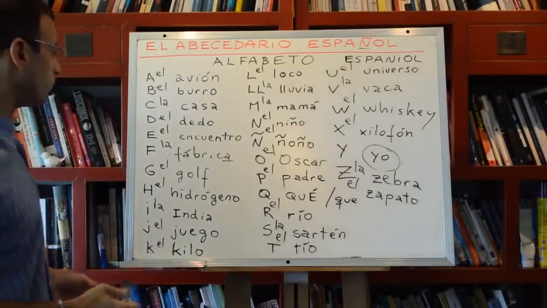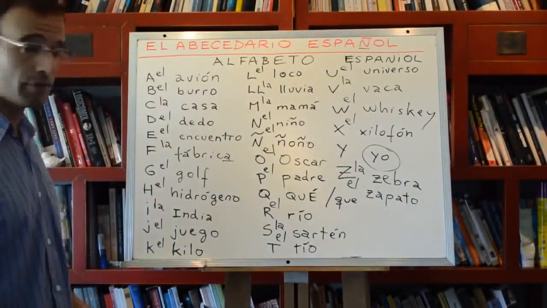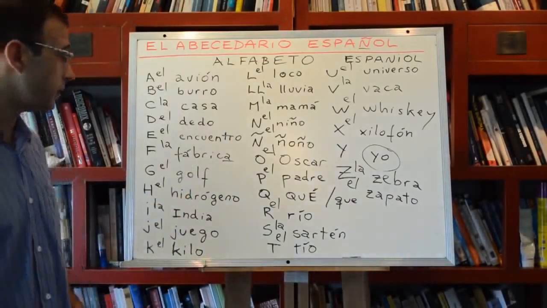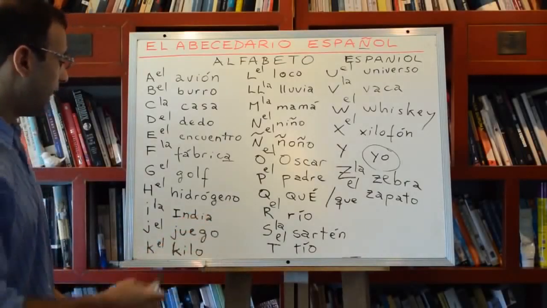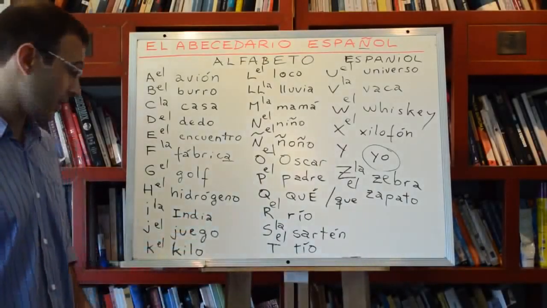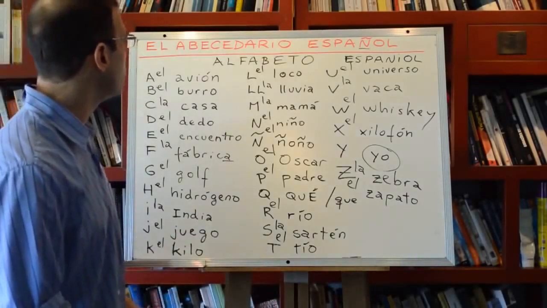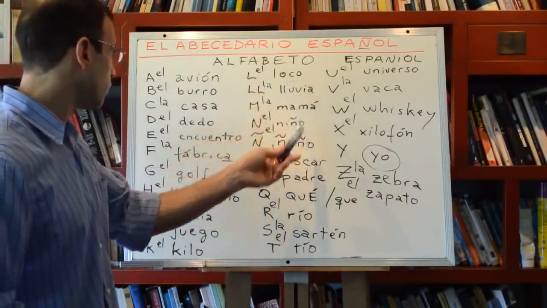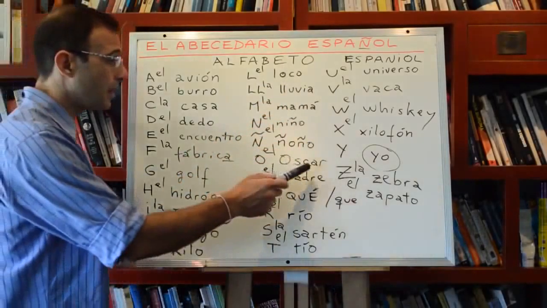So, the word for golf, el golf. It's an O, the last vowel it's got. Hidrógeno, masculine. La India ends with A. Let's see another that can be a bit difficult to identify. El loco, those are easy because they end with O or A. Oscar is a name.